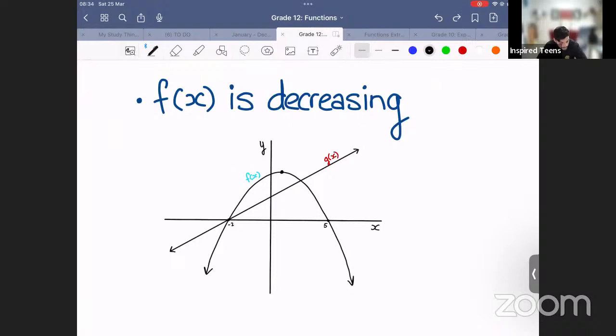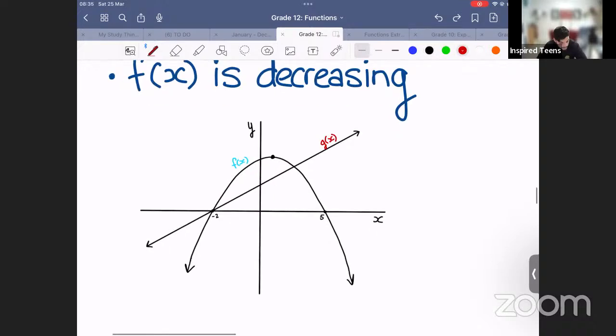Determine the x values again for which f of x is decreasing. Okay, so now we want to determine the values for which f of x is decreasing, right? Remember, we calculated this as 3/2. Okay, so now I'm going to identify the part of the graph that's decreasing. Again, it's f of x. So I can look for the part that's from left to right going downwards, and that would be this part. So this is the part of the graph that's decreasing.